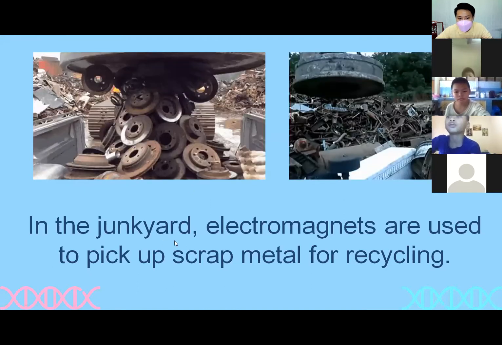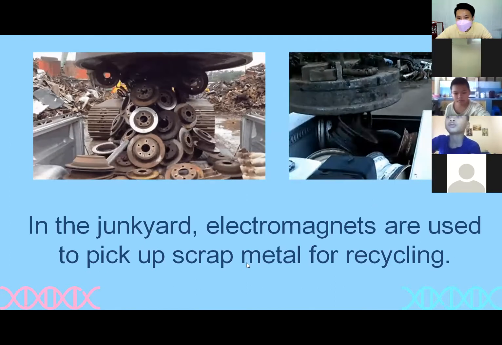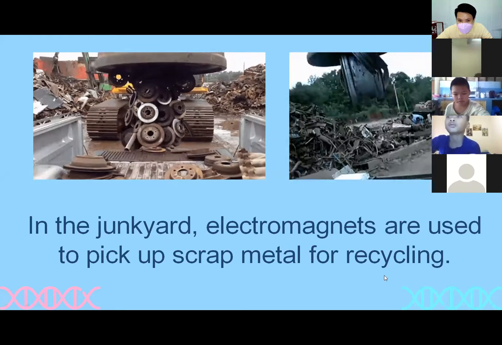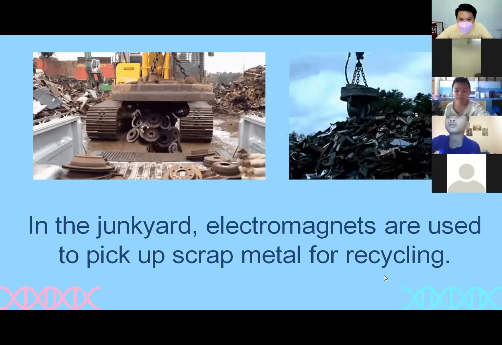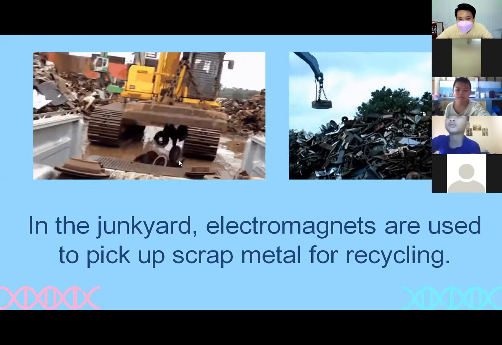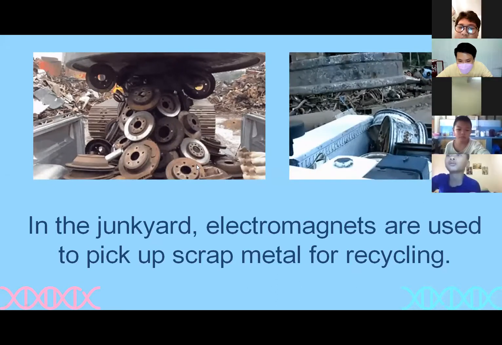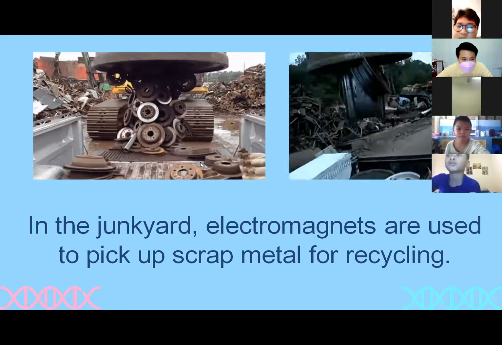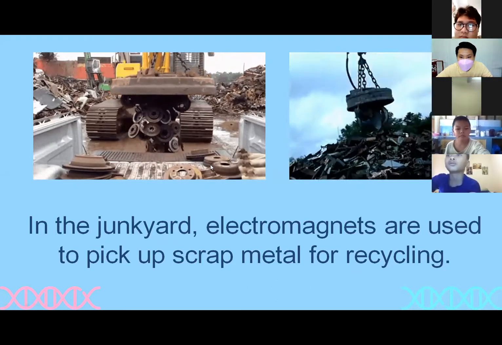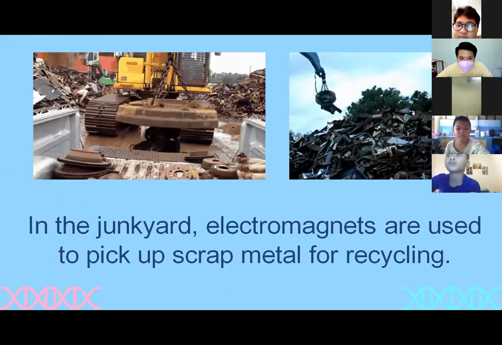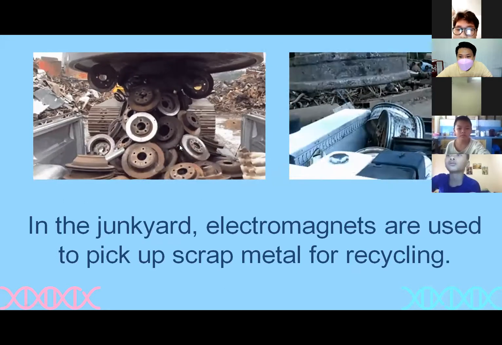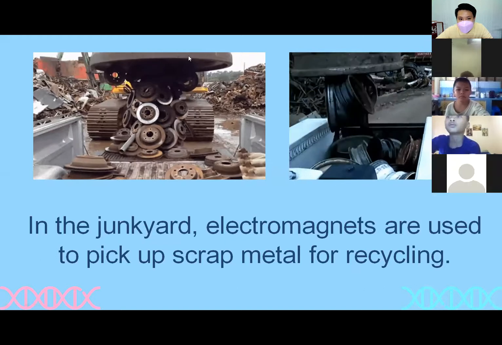So in the junkyard, electromagnets are used to pick up scrap metal for recycling. Some are not metals, right? Some are alloys, some are like silver, gold, something like that. So they use the electromagnets.